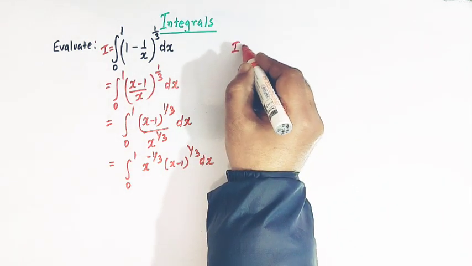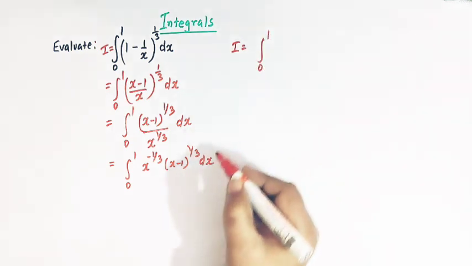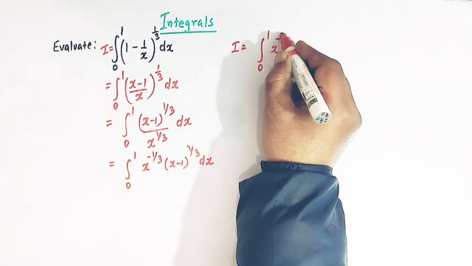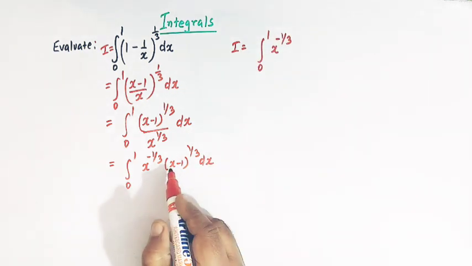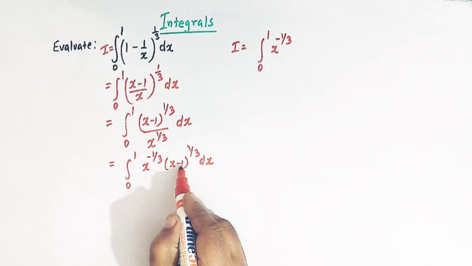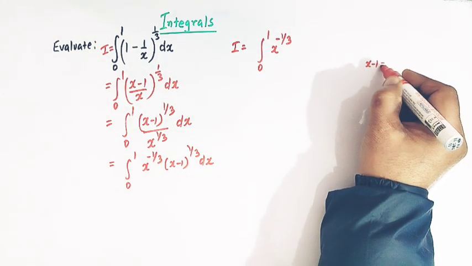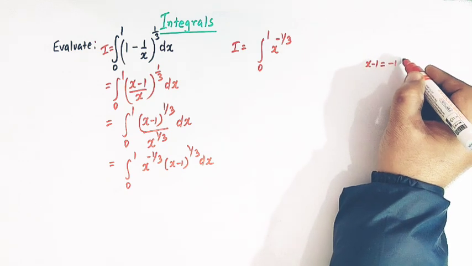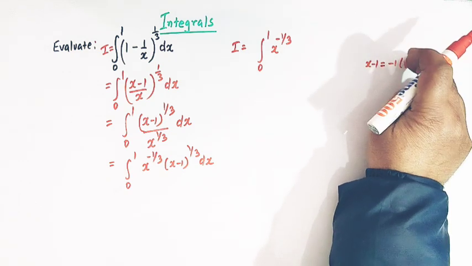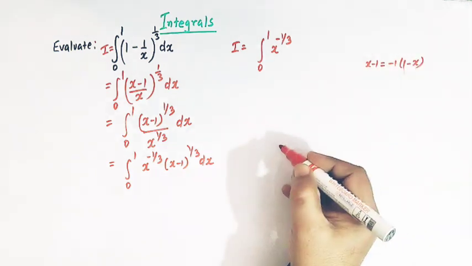Now let us write this integral like this: 0 to 1 x raised to minus 1 over 3, and let us take minus 1 common from x minus 1, right? So what we will do here, we'll write x minus 1 as minus 1 times (1 minus x), right?